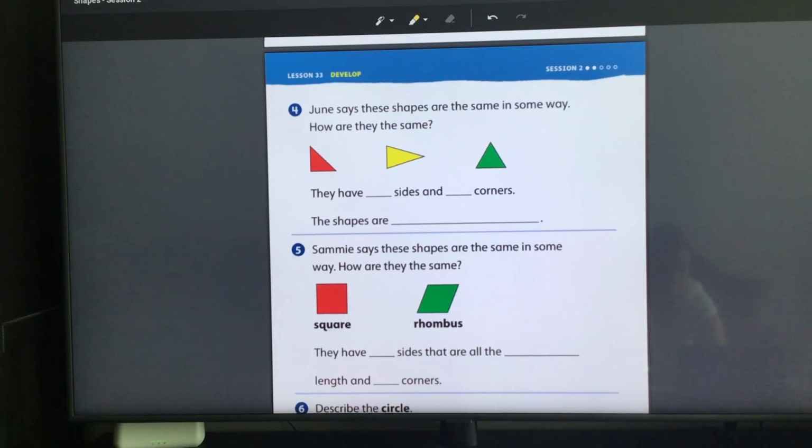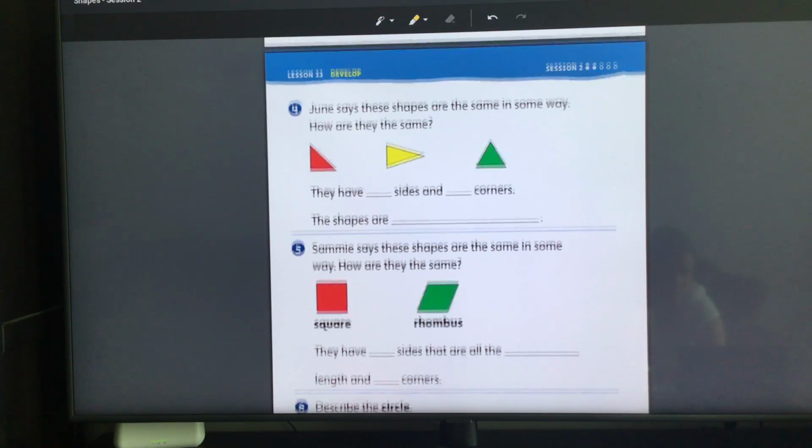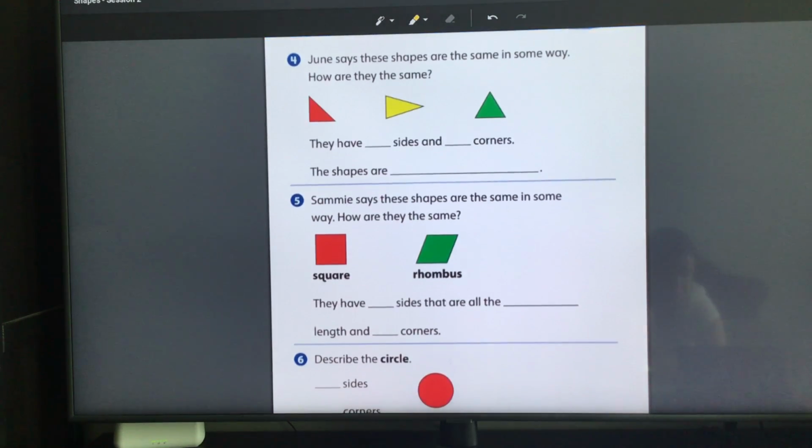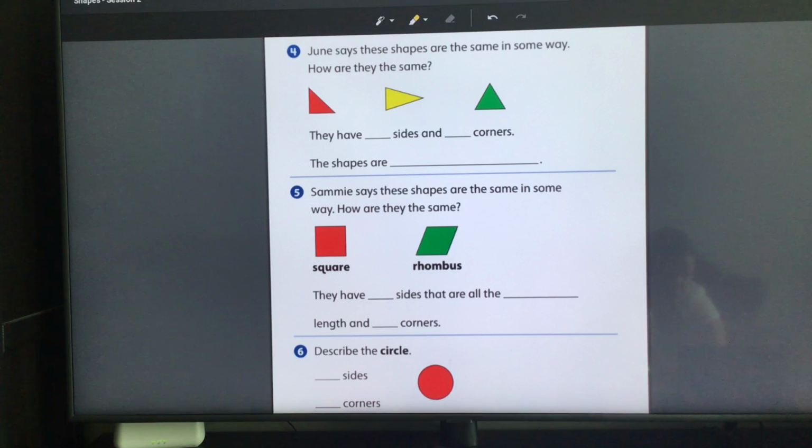Okay, then flip it over. June says these shapes are the same in some way. How are they the same? So again, we're going to count the sides and count the corners of each and then write the name of the shape. Okay, so the red one has 1, 2, 3 sides and 1, 2, 3 corners.